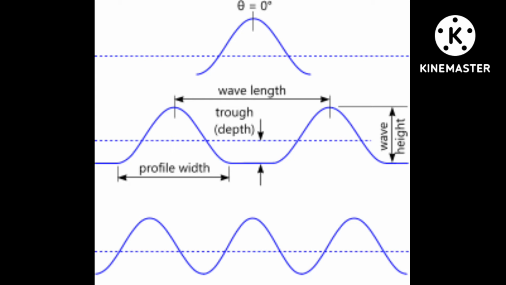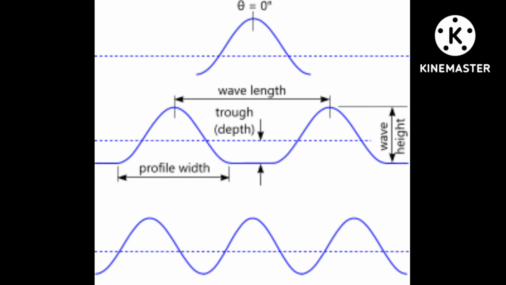At a given temperature, intensity of radiation emitted increases with decrease of wavelength. Decrease of wavelength means increase of frequency. Increase of frequency means increase of energy.